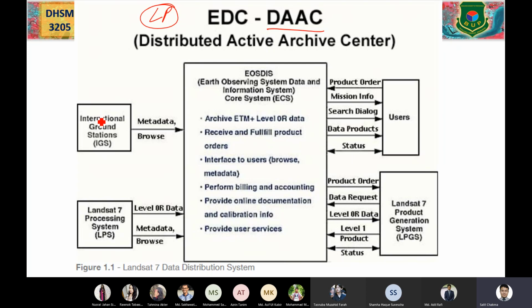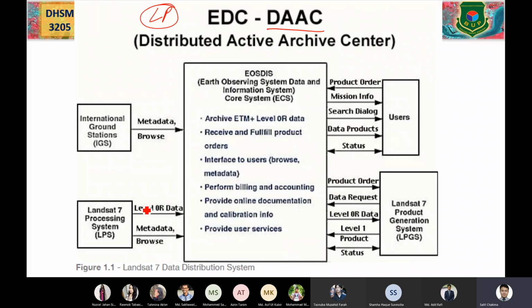So we have these ground stations, and these ground stations send the data to the DAAC. Also, we have the Landsat 7 processing system, which is known as LPS. You have already seen the different levels of data available for all the Landsat satellites, right? So it can process the data.